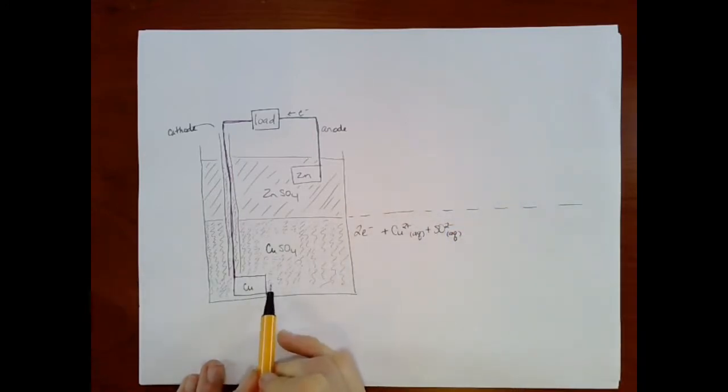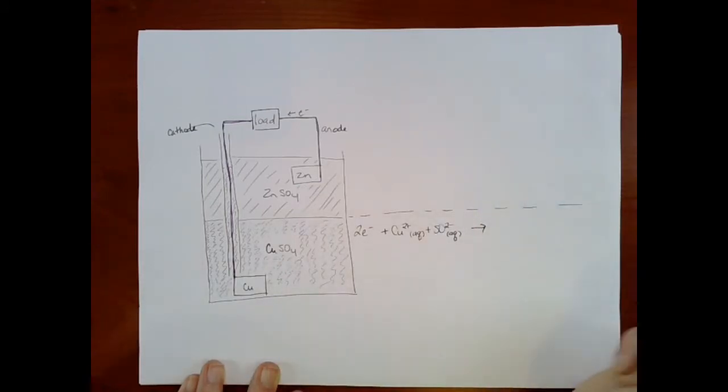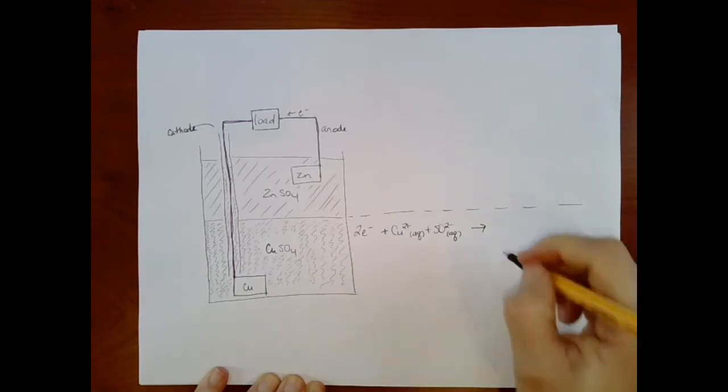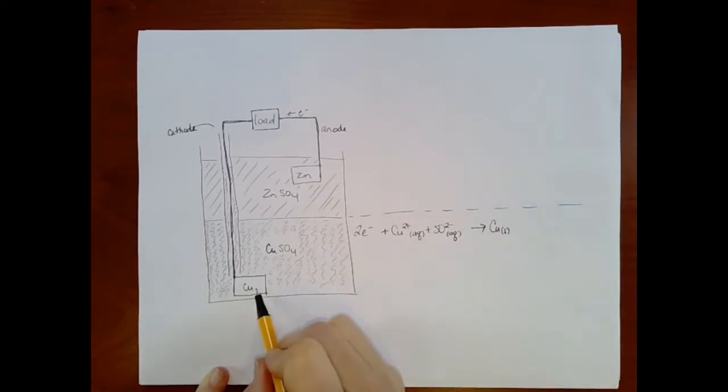So if 2 electrons show up here, some of these copper cations will incorporate these 2 electrons to become metallic copper, and it'll actually electroplate copper onto this electrode.